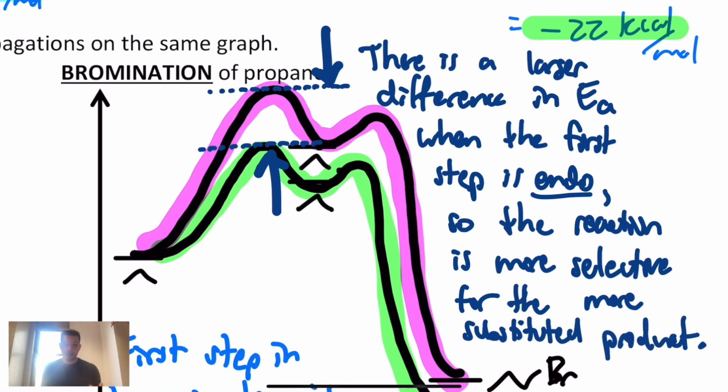And you can think about why that is. If that gap is bigger, which we're telling you it is for endothermic cases, why does that make it more selective? Well, you can give the reaction just enough energy to go over the lower activation energy, and that makes it easier to discriminate between that and the other pathway, which takes a lot more energy.